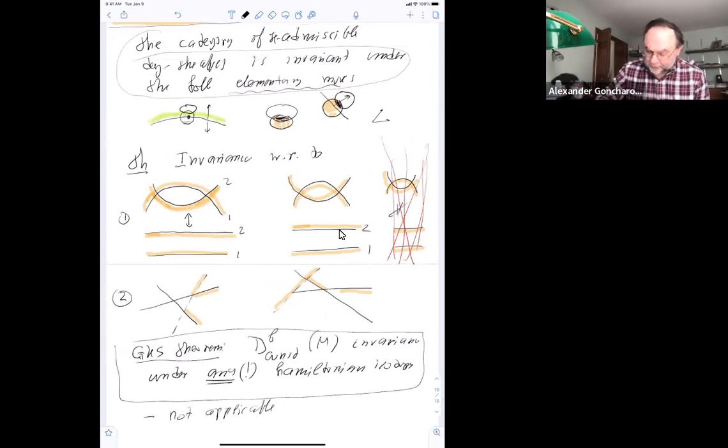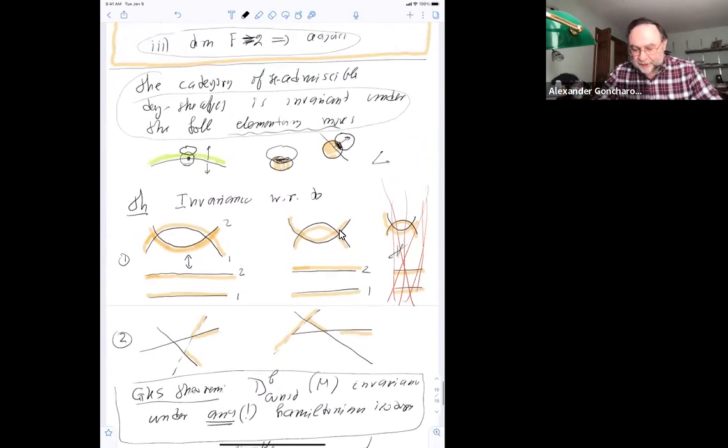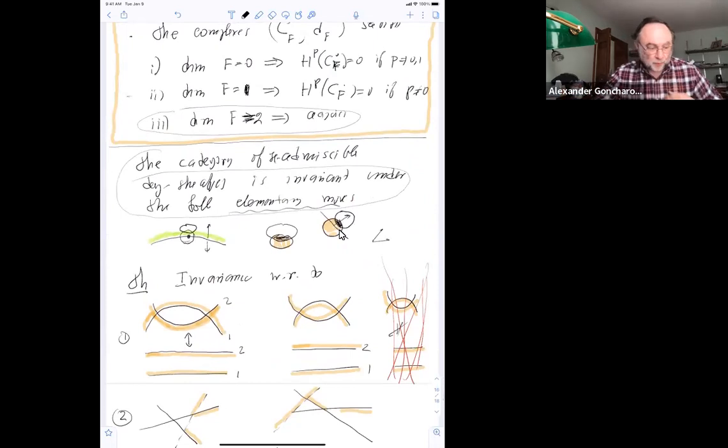We don't consider the situation of what happens if you have a cusp and so on. There are moves under which it's not invariant. For example, if you pass through the cusp, things break down. There are only this kind of moves. And the category is different and I would say smaller. So that's the main upshot. Is that okay?